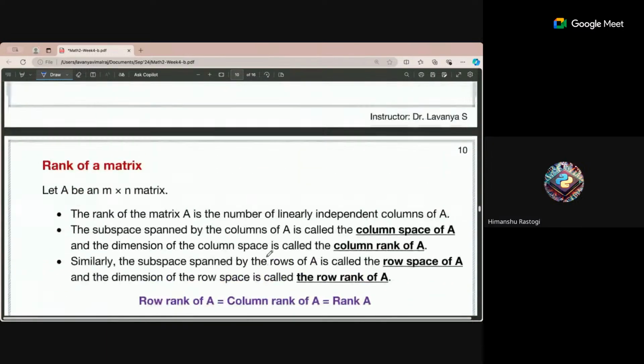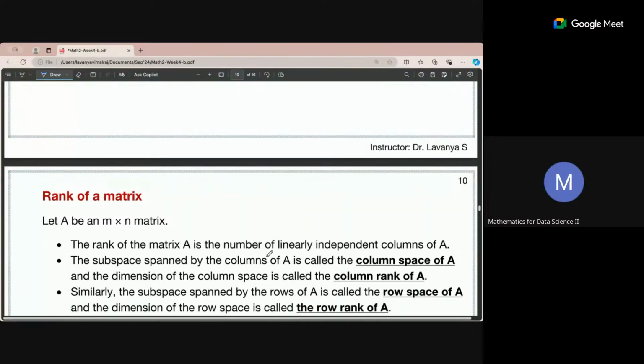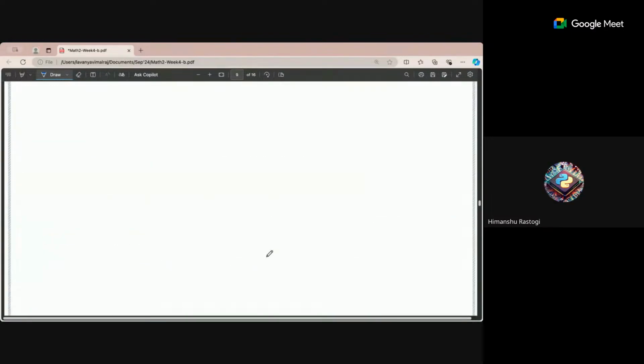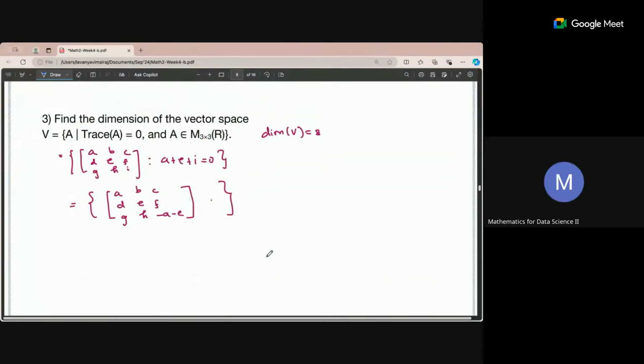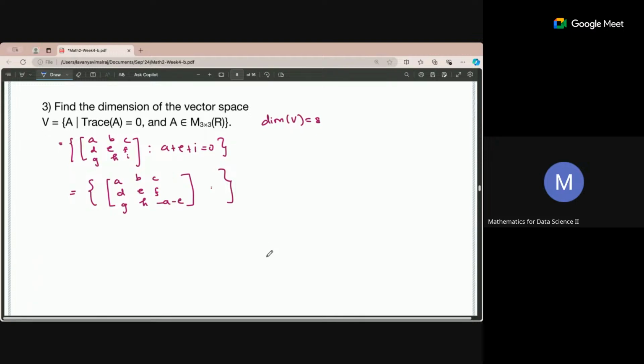Ma'am, I have a doubt. If we have a matrix, can we just flatten it and write it as a vector and then check for linear dependence? Yes, you can do that, but don't miss any entries.